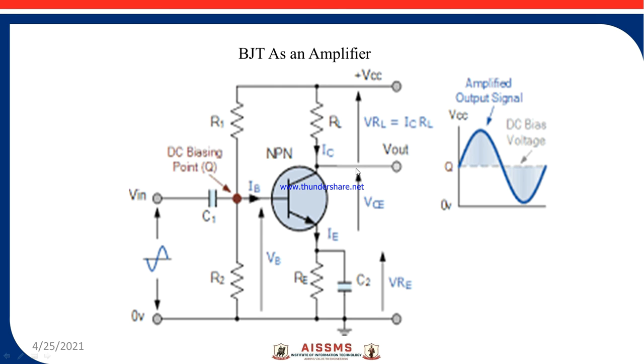So I just want the AC to be coupled. So if I connect the coupling capacitor C2 at the output, then whatever DC part there is at the collector will get blocked by the coupling capacitor C2, and only AC will be coupled to the load or the loudspeaker. So amplified AC is passed to the loudspeaker.